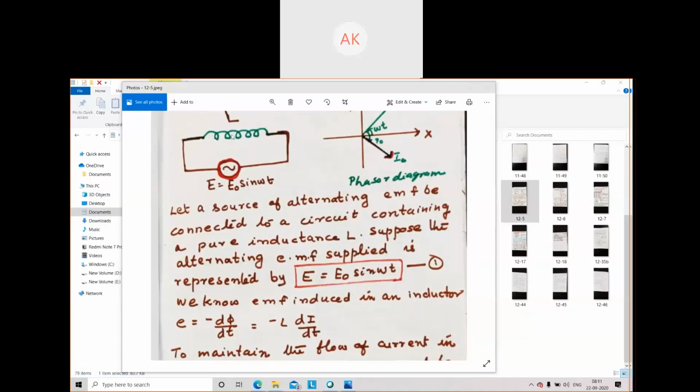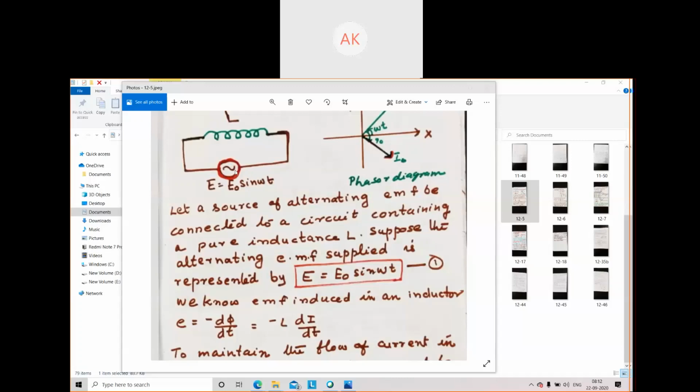So when AC is sent through an inductor, what things can we see? See, a back EMF will be induced. Why is back EMF induced? The flux linked with that coil is changing. How does the flux linked with it change? Because a varying current is sent. Why varying current? Because it is AC. Every instant the magnitude is changing.